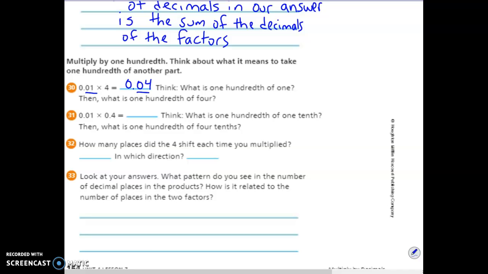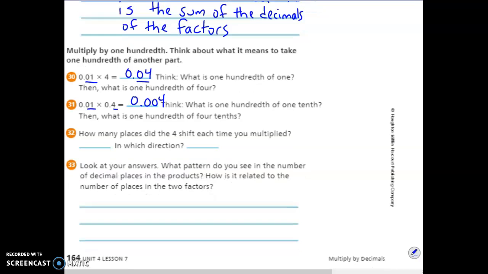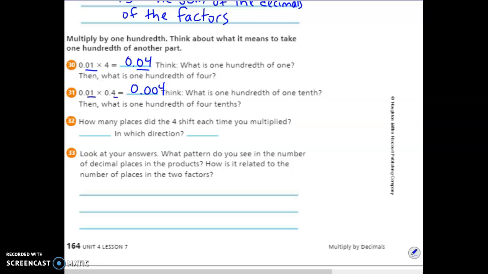So instead of 4 whole, it's going to shift one more time. So you've got 2 decimal places, 1 decimal place. How many times did the decimals shift? They shifted 3 times, okay, and it got smaller, so the decimal shifted to the left.